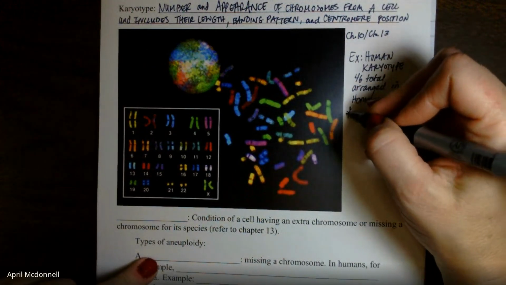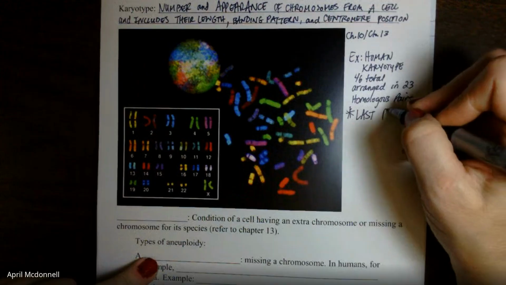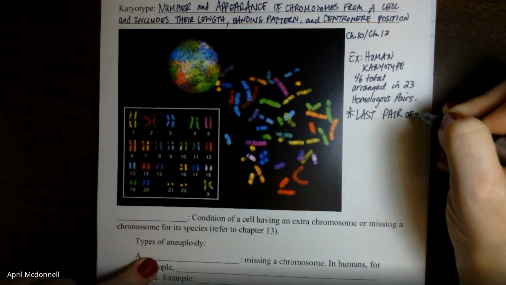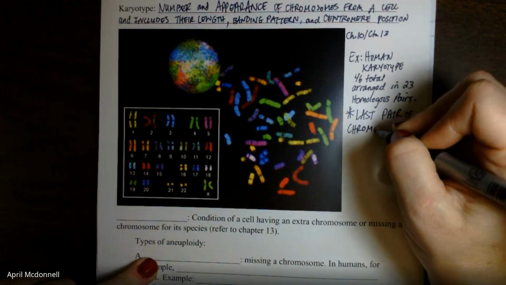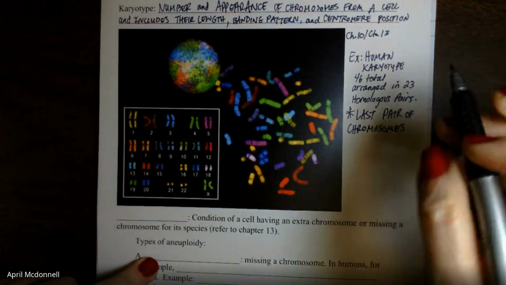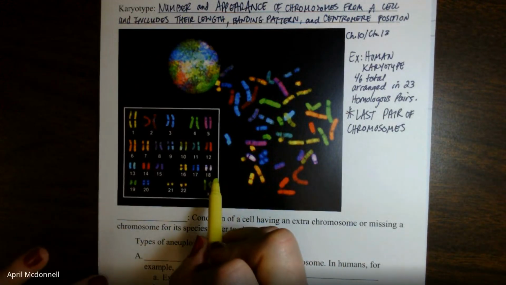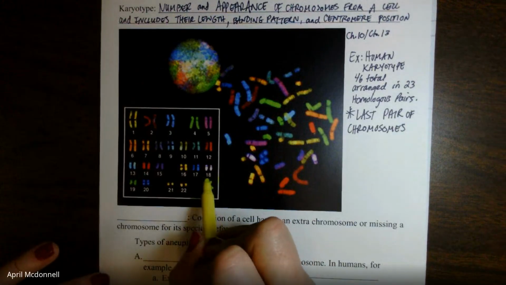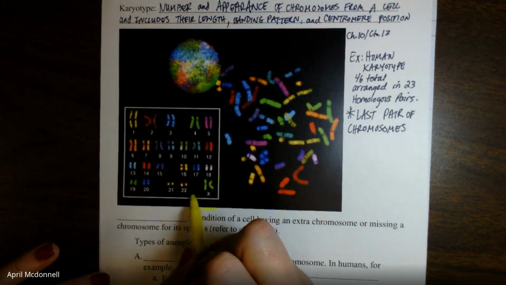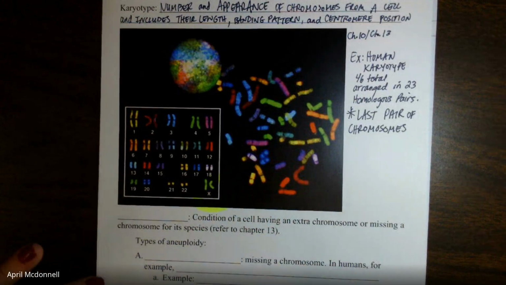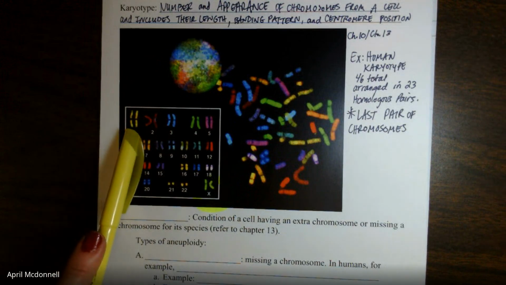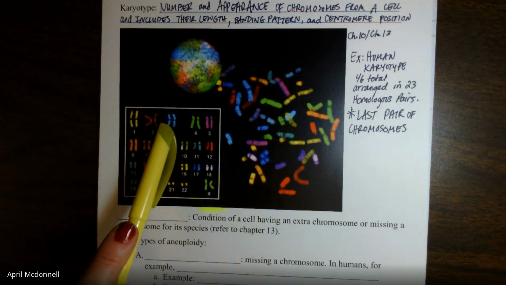Let's look at the last pair of chromosomes in the karyotype. I'm going to go ahead and highlight them as much as I can against this dark background. So here is the last pair of chromosomes. Pair number 1, pair number 2, pair number 3.